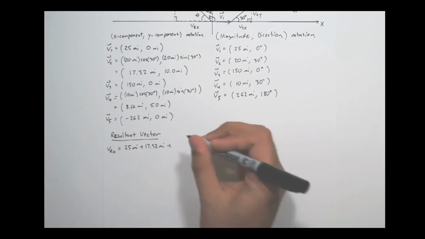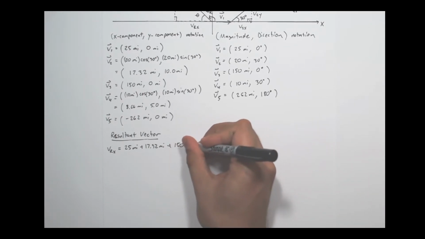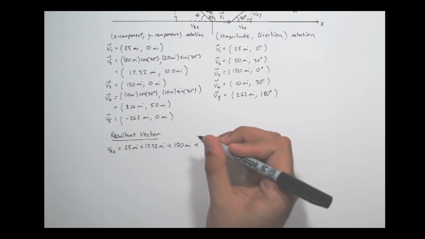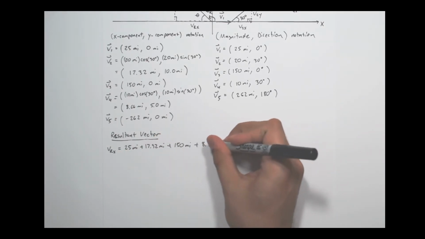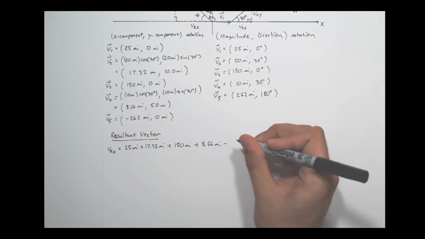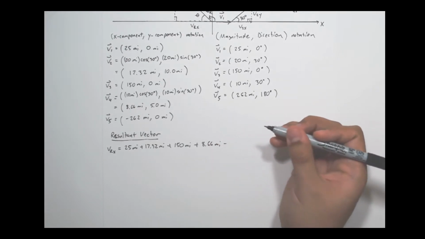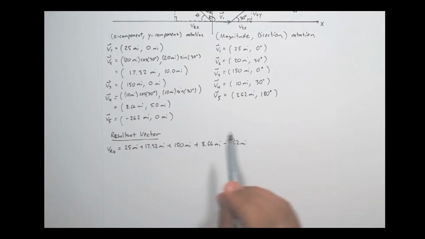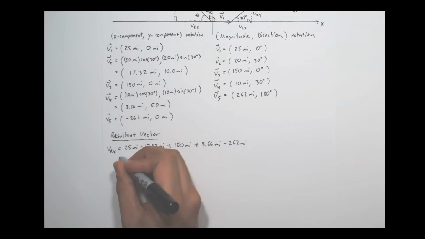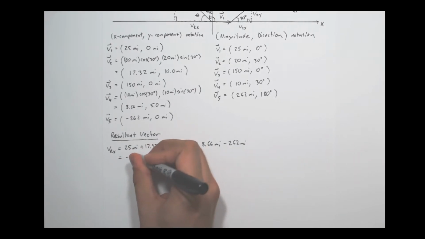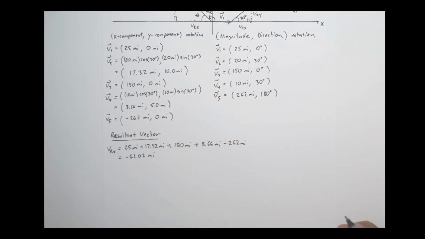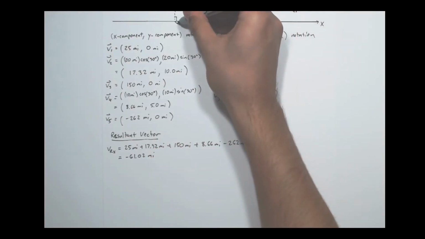We need to add to that 150 miles. Continue adding now 8.66 miles. And then finally, add a negative 262, or subtract 262 miles. So those were all of these x components put together, and that comes out to negative 61.02 miles. So that basically is the length of this vector right here.